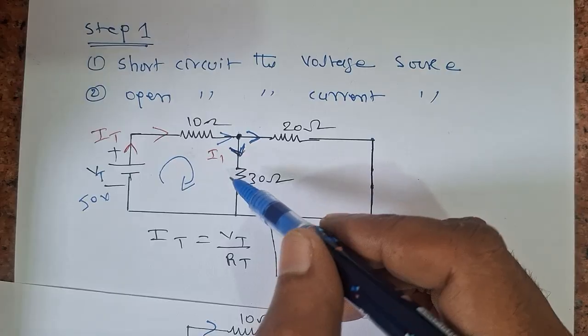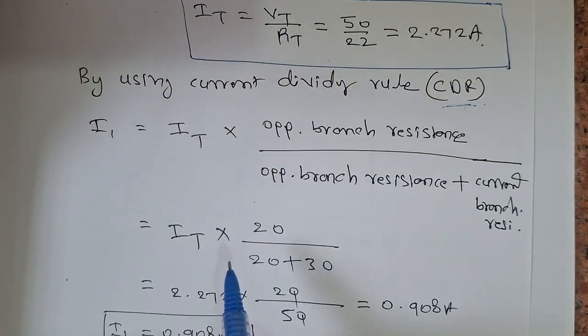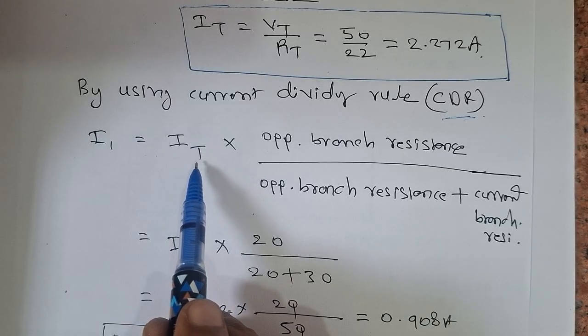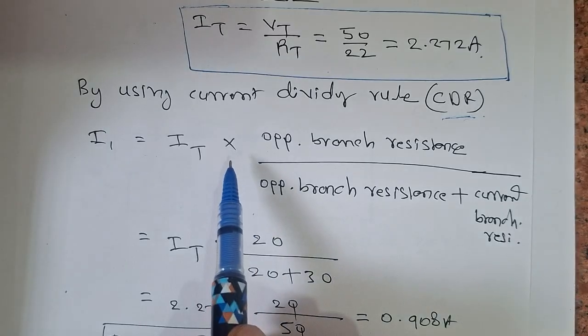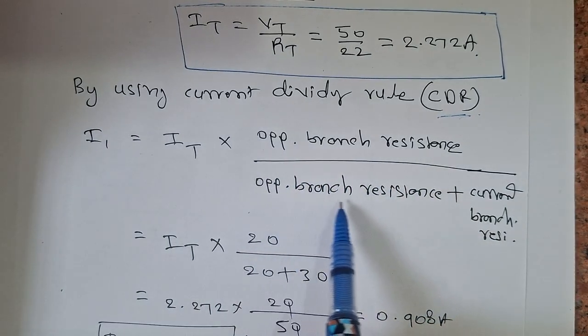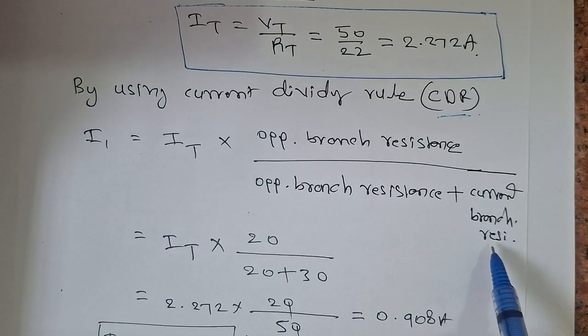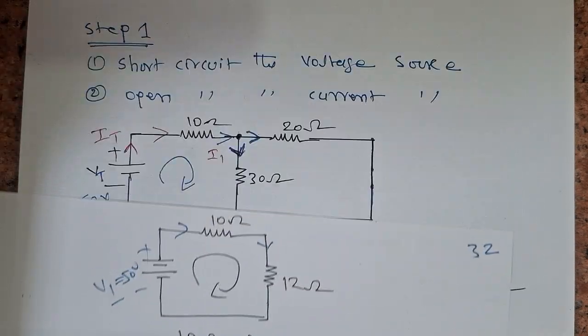I1 current is equal to the formula: the total current coming from the source, into the opposite branch resistance, divided by the opposite branch resistance plus the current branch resistance. What is the opposite resistance?